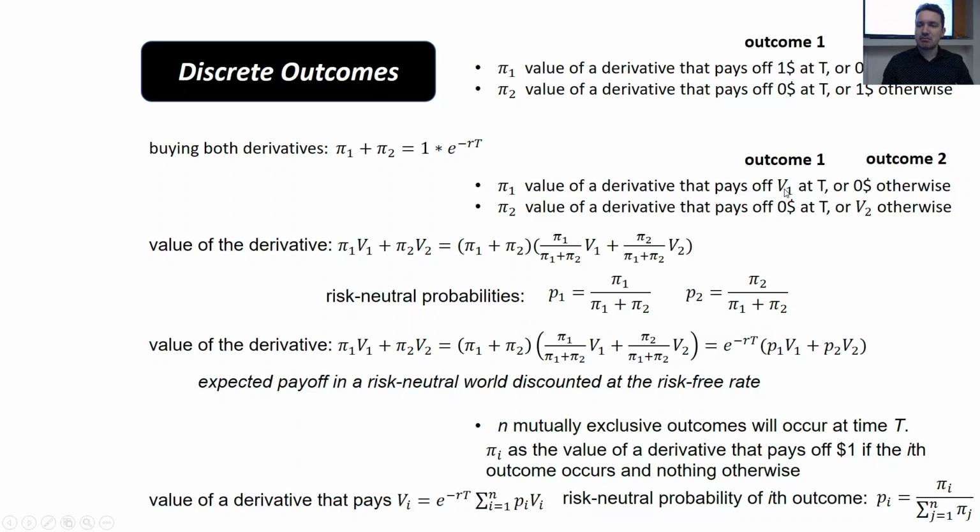So let's develop it further. So now it's abstract, not 1, but V1 and V2. In this case, the value of the derivative will be the same on this side of the equation, so it's not just multiplying with 1, but now we are multiplying it by V, because still we have to say that, yeah, we are compensating ourselves.